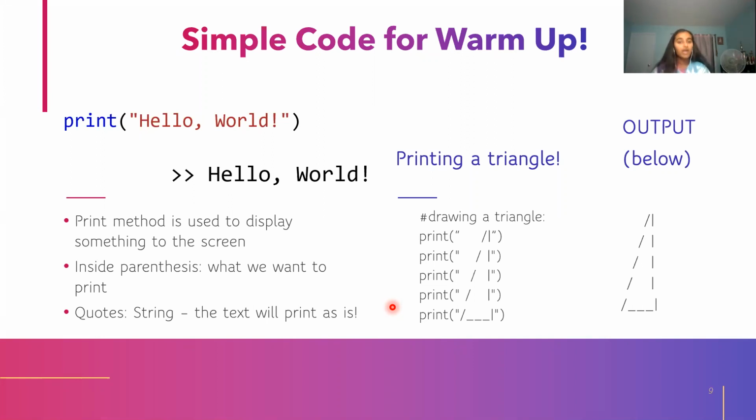If you take this command and run it on repl.it or anything, it will output hello, comma, world, exclamation mark as is. And as I said, the print method is used to display something to the screen, and inside the parentheses is whatever we want to print. The quotes mark strings. A string is a type of data, and the text will print as is.